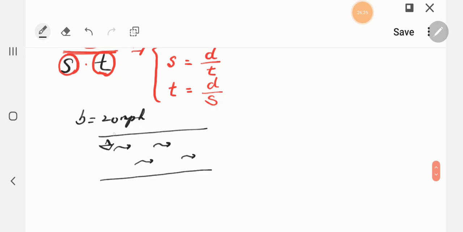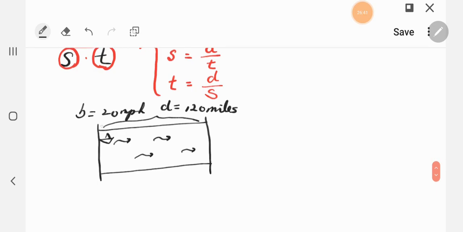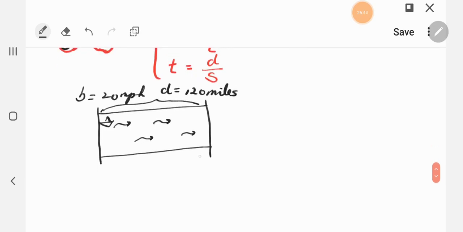And then when you go downstream from A to B, let's say the distance is 120 miles. If you want to go upstream, the water is flowing this way. Let's say the speed of the current, the water, is C miles per hour.